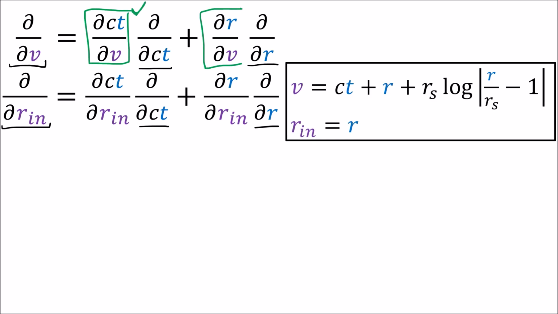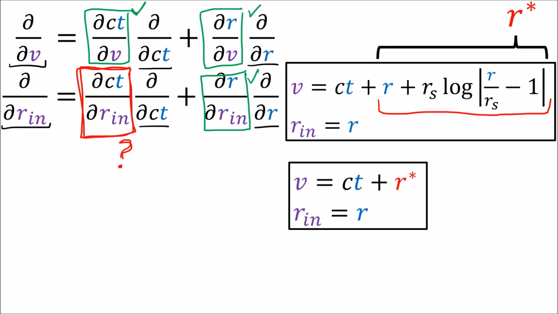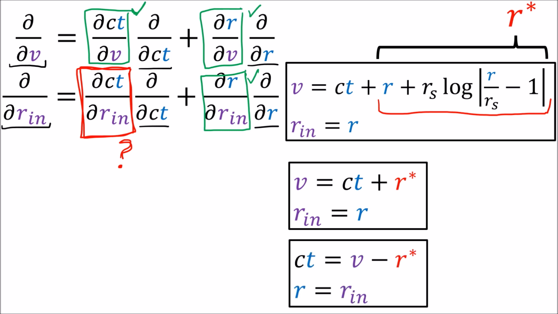Most of these derivatives are easy to calculate, but this CT over Rn derivative is more difficult. To help compute this, let's introduce an intermediate variable r star, which equals r plus this log term. We can rewrite the v and Rn formulas like this, and rearrange to solve for CT and r.